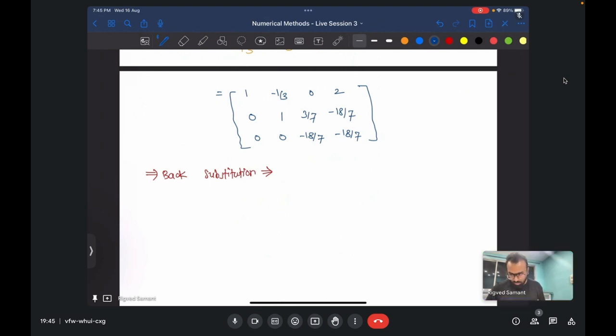Sir, can you do this before going to back substitution? You can divide R3 by minus 18 by 7 because you can make it 1. You can use it to get the solution also, no? So you are saying that because of this it is simplified. That is what you are doing in back substitution anyway. Here or there, it is the same, right? Because here the fraction is there, make it 1.